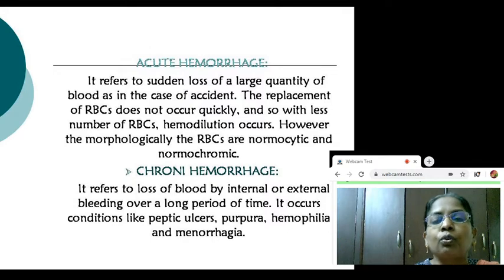If you come to the chronic form, it is loss of blood by internal or external bleeding for a longer time. For example, some females will have bleeding for a long time, 30 days, something like that. It occurs in conditions like peptic ulcer, porphyria, hemophilia, and menarche.